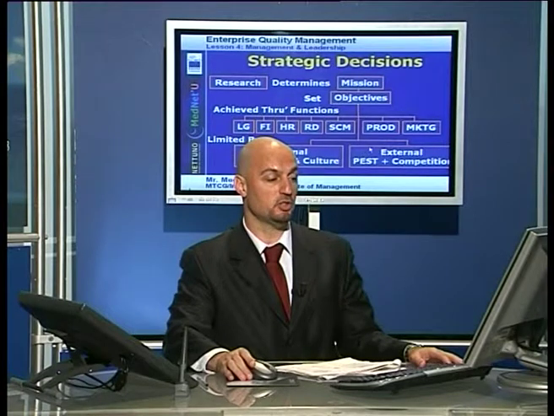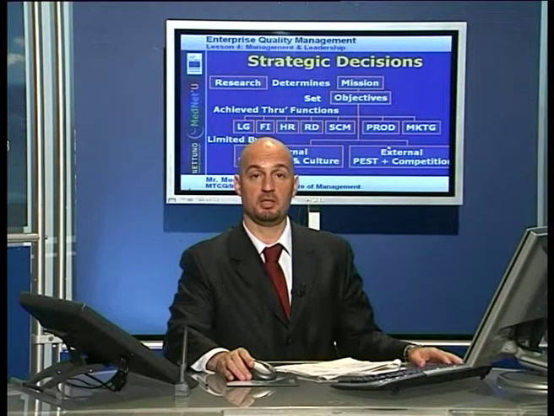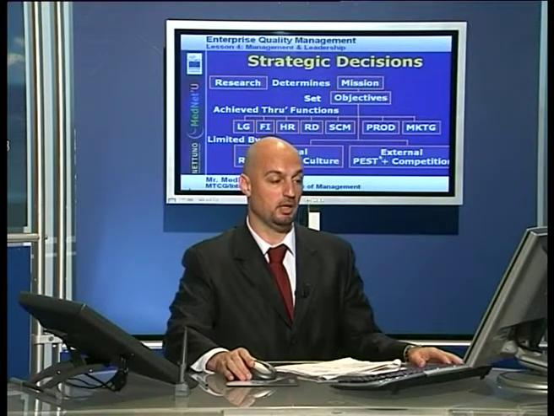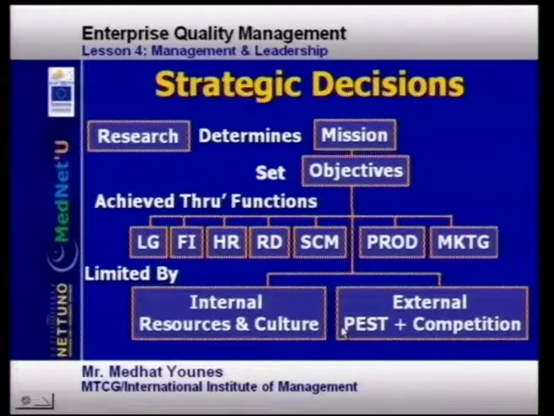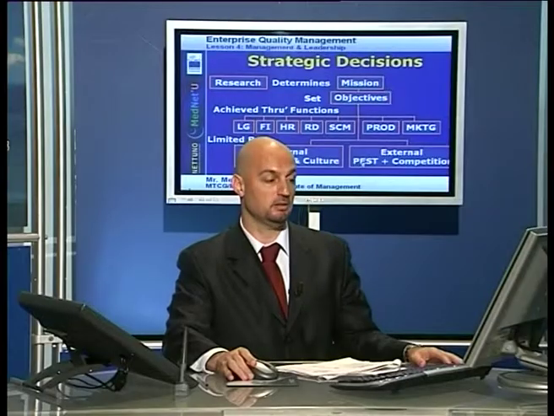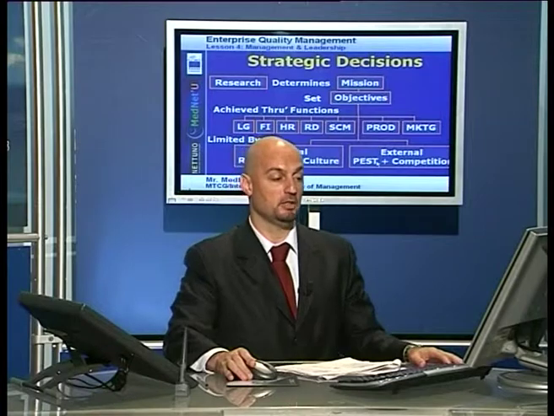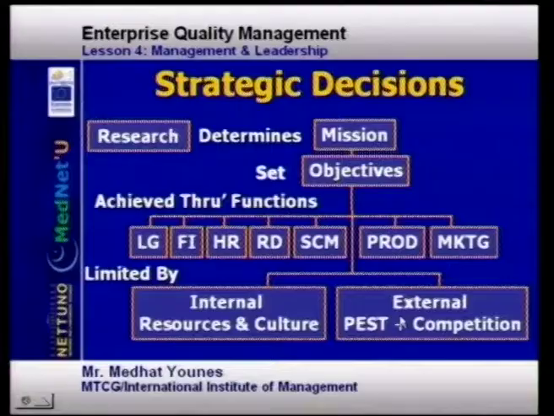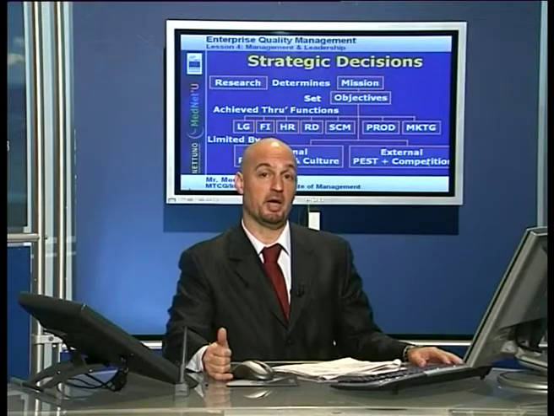Other limitations or constraints to executing the business strategy include external factors like PEST, and PEST is an acronym for political, economic, social, and technological. Additionally, you are limited in the execution of your strategy by your competition, how strong it is, how they would react to you.